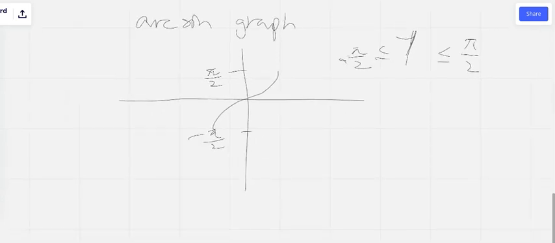So arcsine only works in quadrants 1 and 4, because pi over 2 is moving up 90 degrees and negative pi over 2 is going downward 90 degrees. So only quadrants 1 and 4.